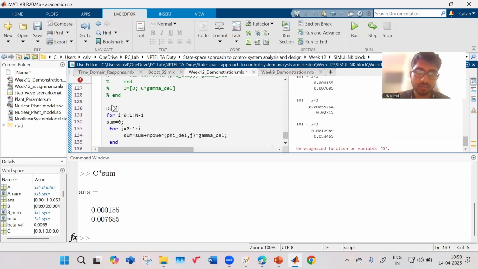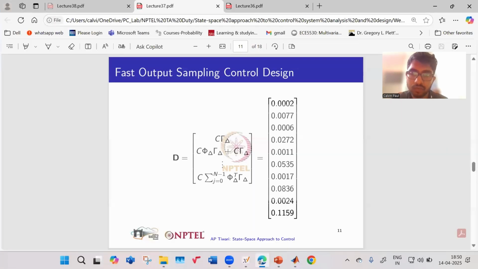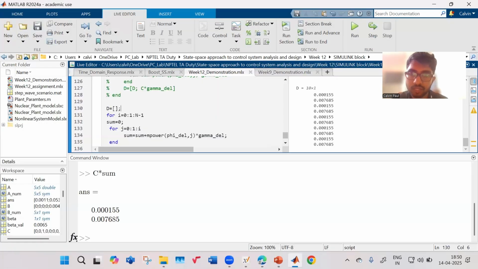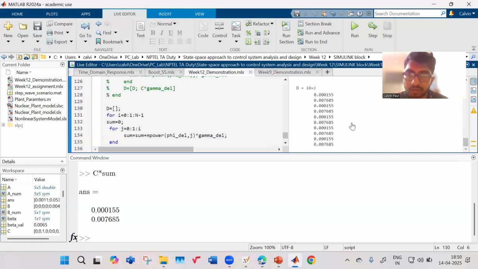So d is equal to this. We run this section. We get this d. So d is 0.00155, 0.007685, 0.000. j is going to be 0 to 1 to I. So it goes 0 to 1 to I. So let us run it again.